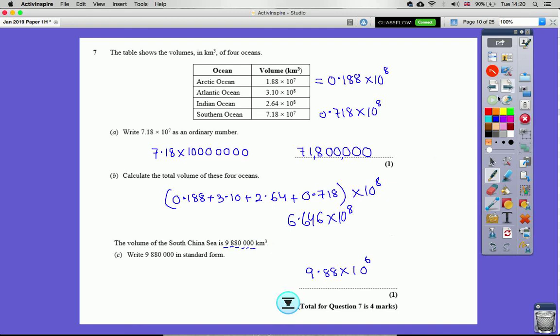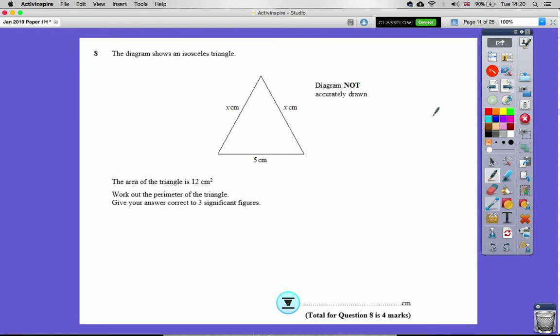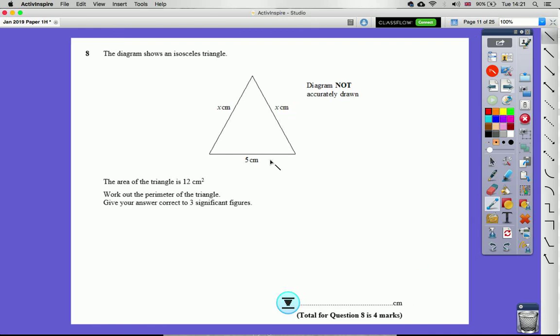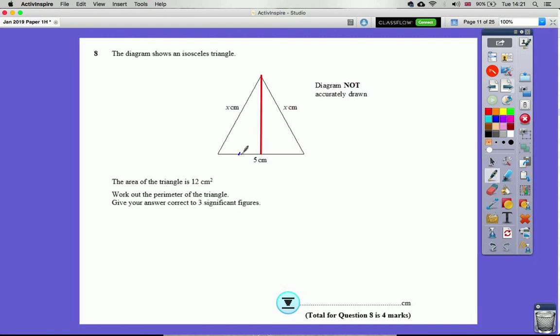Okay, next question, question number 8. The diagram shows an isosceles triangle. The area of the triangle is 12 centimeters squared. Work out the perimeter of the triangle, give your answer correct to 3 significant figures. One of the things we know about an isosceles triangle is that if I draw a perpendicular line from the top vertex to the base, it's going to split the base into 2 equal parts.